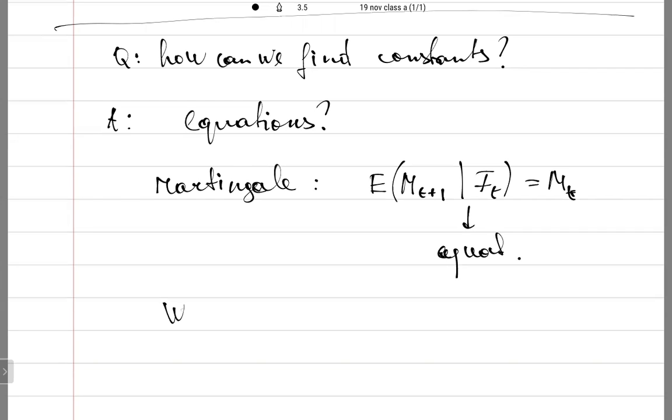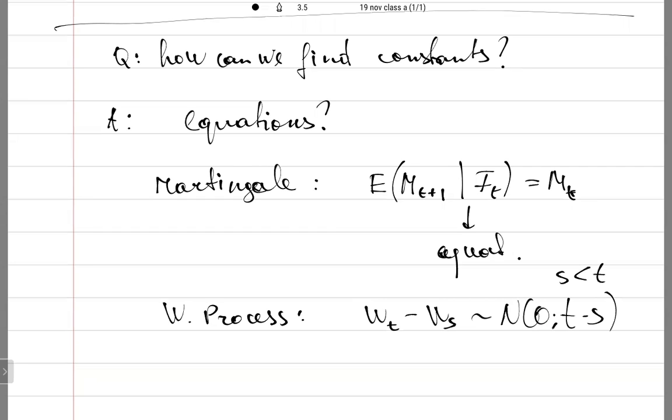In the case of a Wiener process, we have properties, and these properties can also provide constants. The most important one, I think, the closest one to an equation, is that the difference Wt minus Ws should be normally distributed with mean 0 and variance t minus s, for s lower than t.